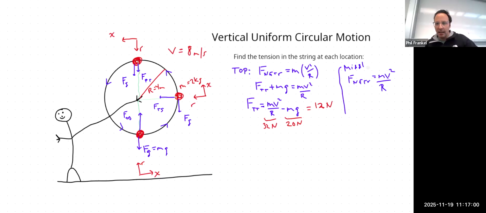We see that although there's a gravitational force acting on the object, the only force in the positive or negative R direction is the tension force. So all by itself, the tension force on the side, F_TS, has to equal mv squared over R. And we just calculated before, mv squared over R, if we plug in the numbers, is 32 newtons.